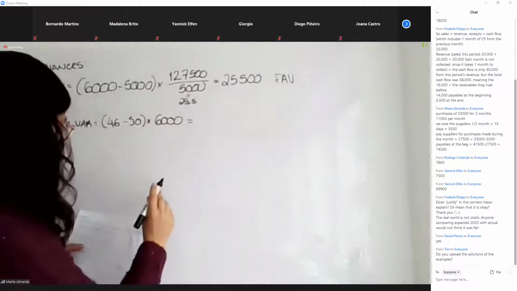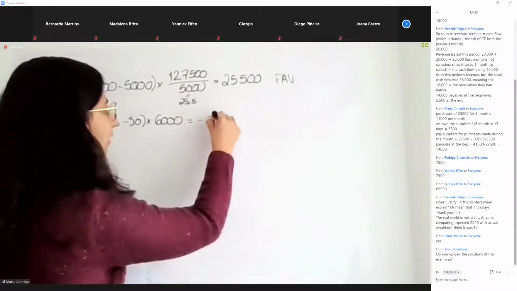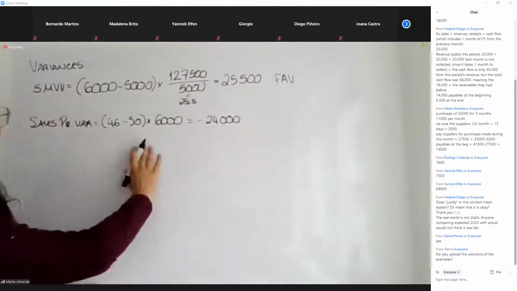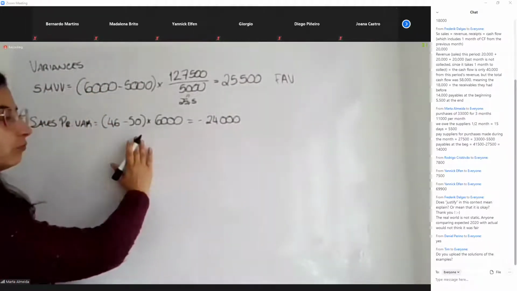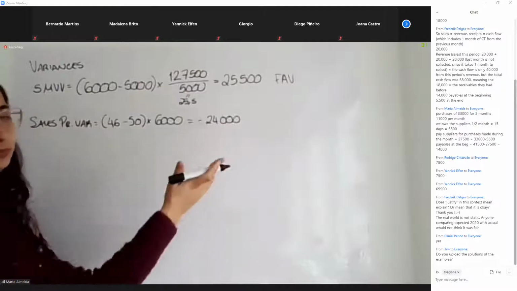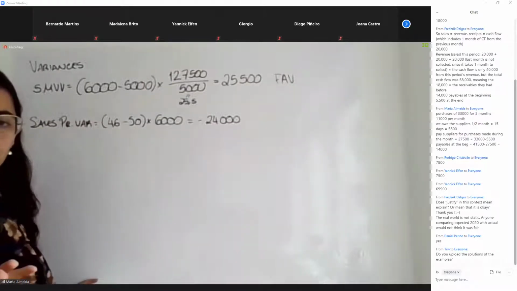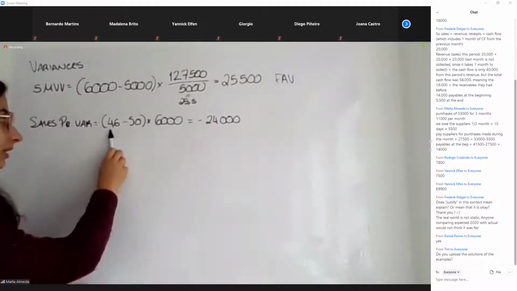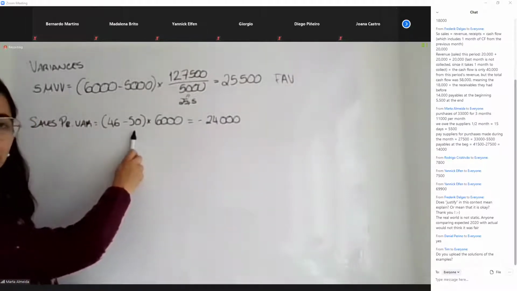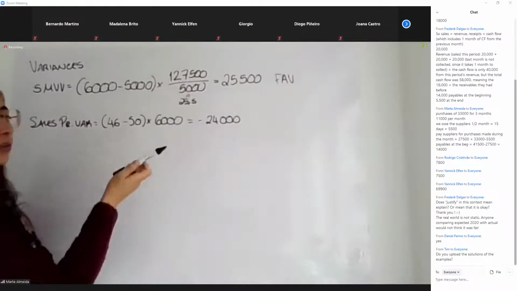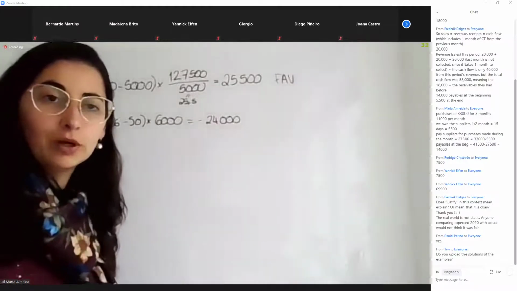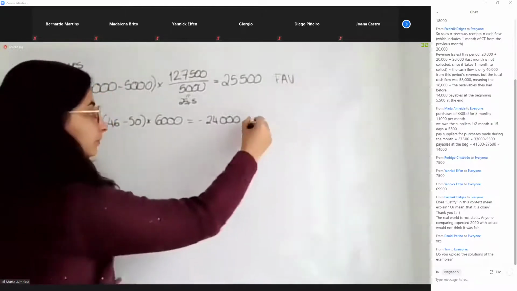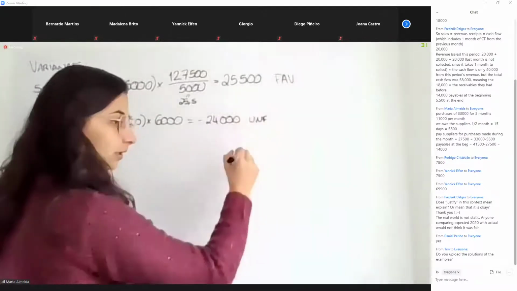This would give us minus 24,000. Okay? I told you before, if we follow the formula and the result is negative, we already know it is unfavorable. But we can easily see that it is unfavorable because the actual selling price is lower than the expected, the budgeted. And if we have an actual selling price that is lower, that is bad, okay? That is unfavorable. Any questions?